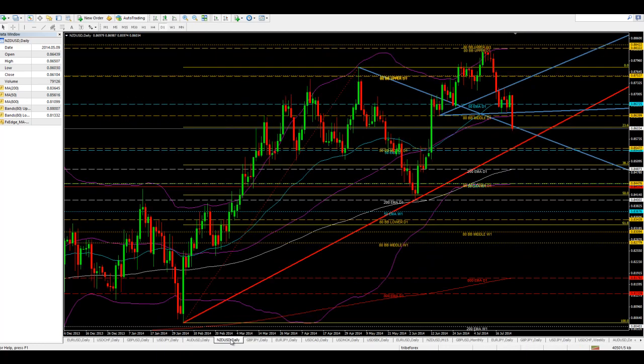Now the New Zealand dollar was wild. It just broke straight down, one 15-minute bar, huge drop. Right now it's at a very good area of support. This was an old trend line, an old resistance area, now support. There's nothing to be done here on this New Zealand.